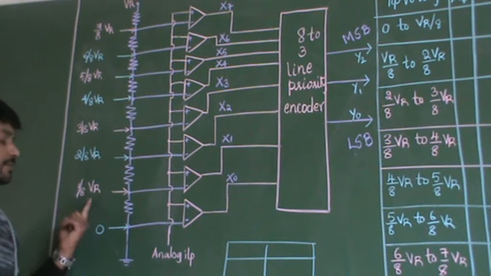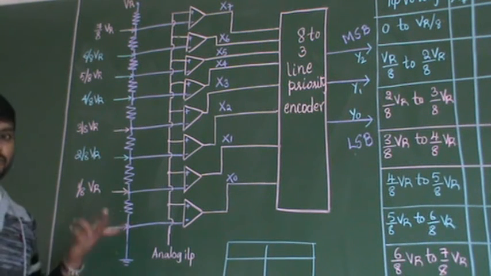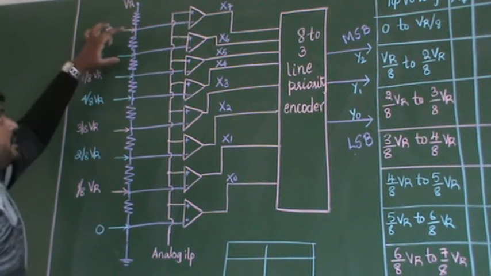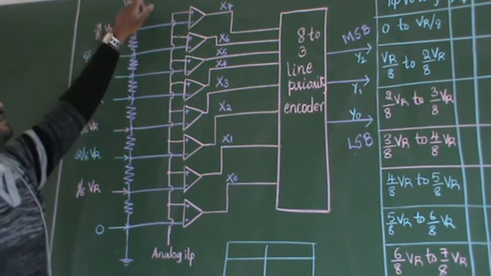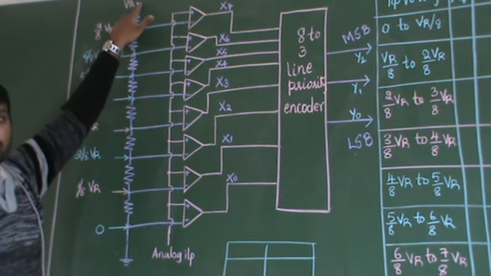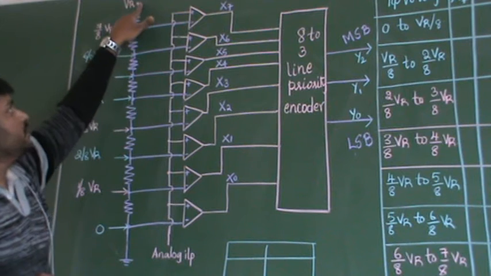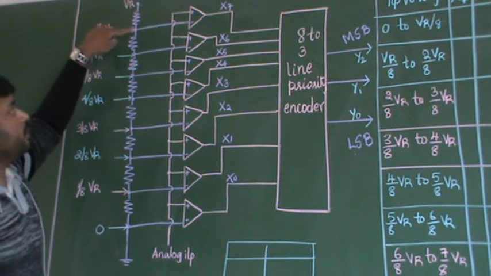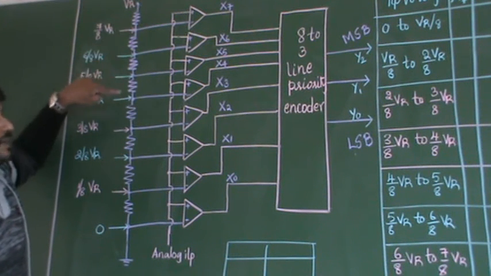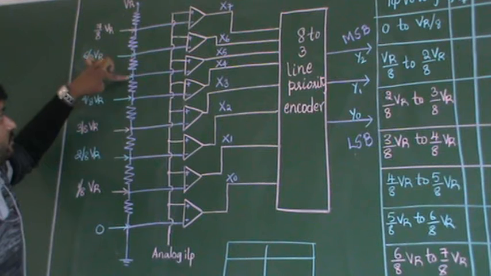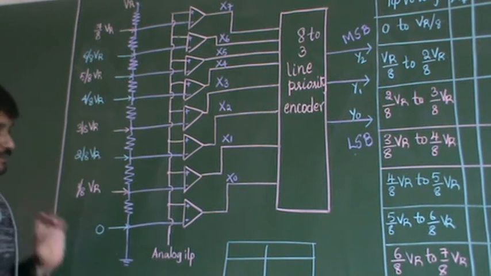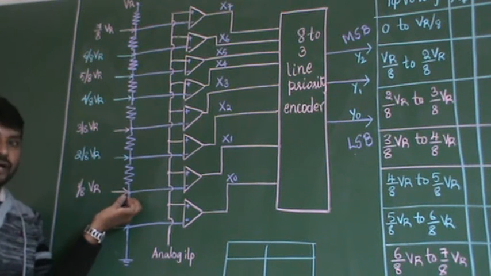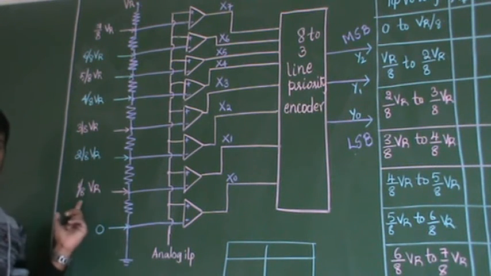Why is it divided by 8? Why not by 7, 6 or 5? If you observe here, how many points are there? To the top point you give VR, the reference voltage. Below it, how many resistors or points are there? 1, 2, 3, 4, 5, 6, 7, 8. Since there are 8 points, I have to divide VR by 8.